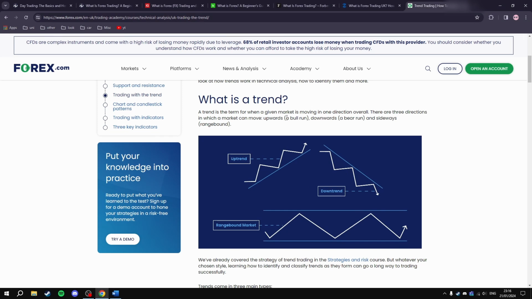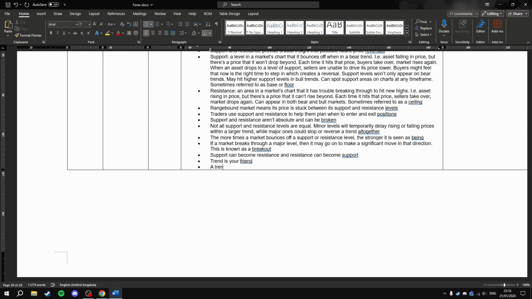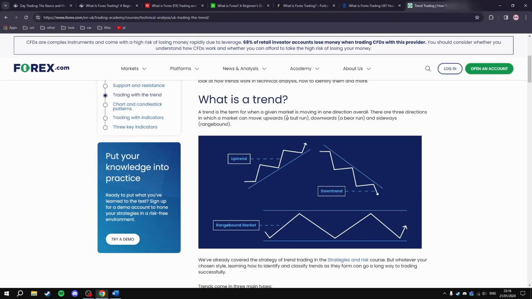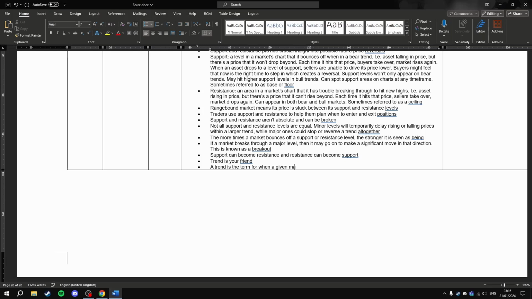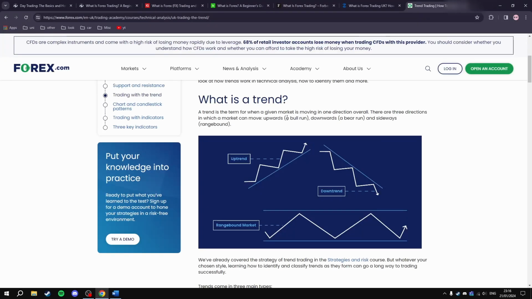A trend is a term for when a given market is moving in one direction overall. There are three directions in which a market can move: upwards, downwards, and sideways.